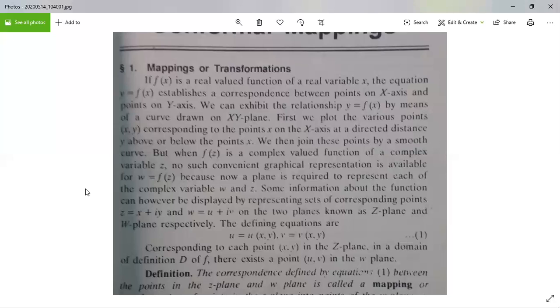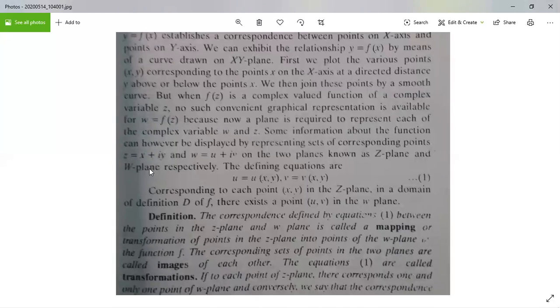There exists a point u comma v in the omega plane, and then we can define the mapping.